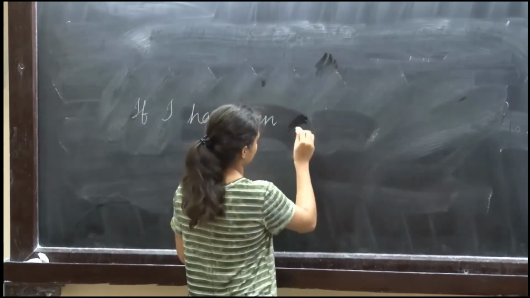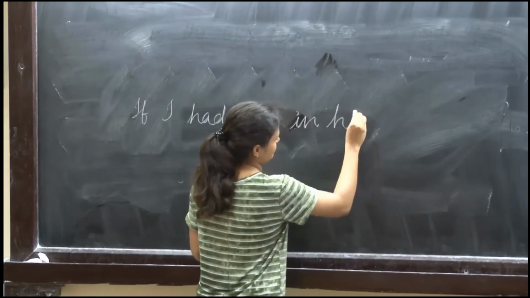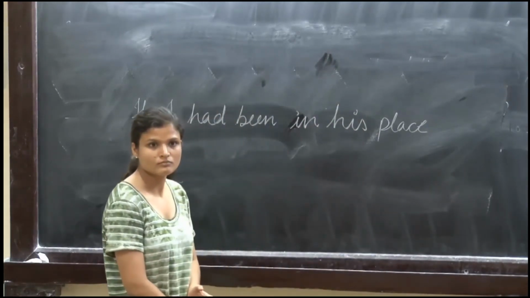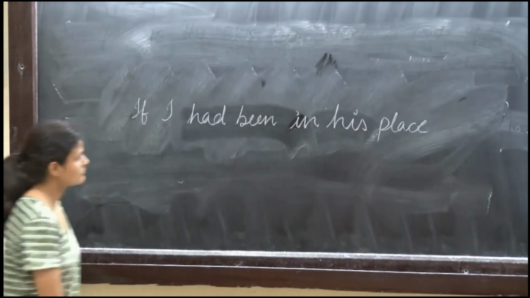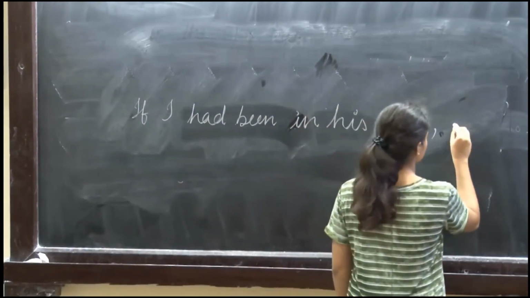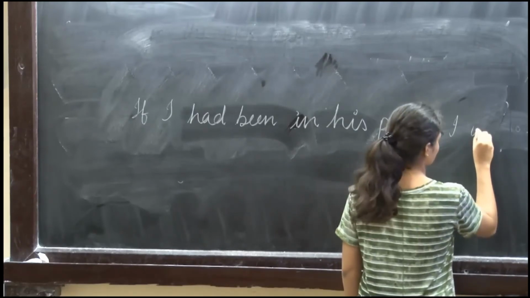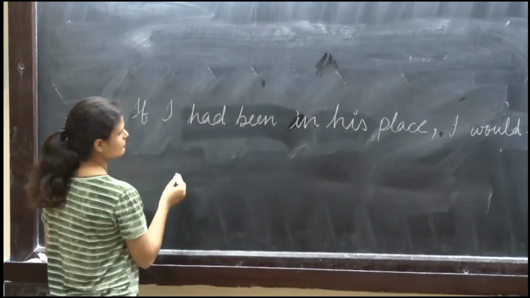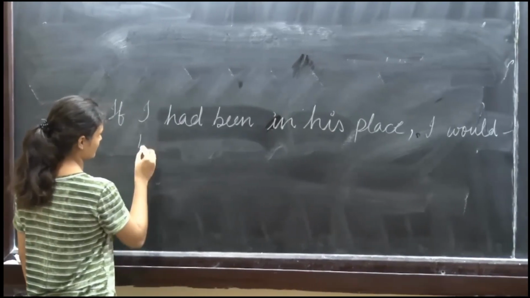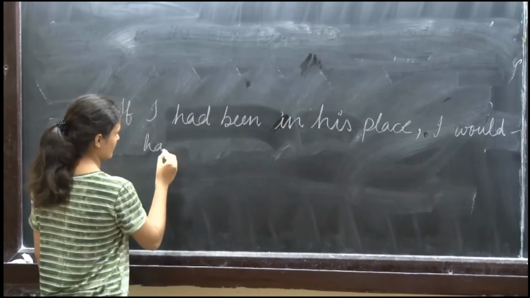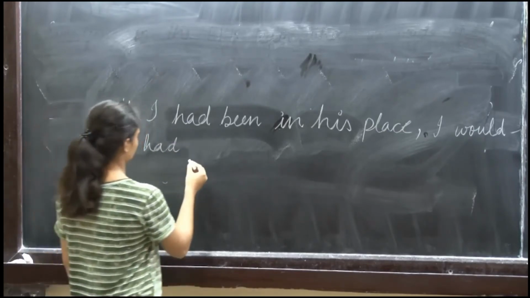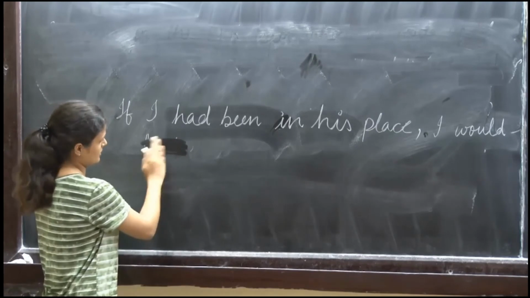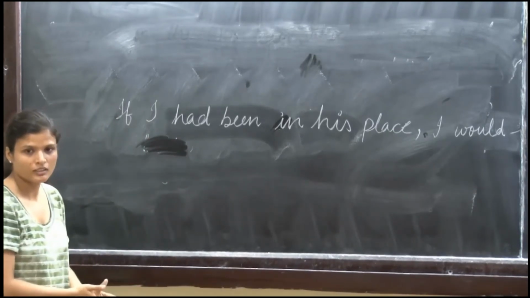In his place. Yeah, put a comma. What is this? After would, see the helping verb is coming. No, helping verb is coming, then why had? It should be have.